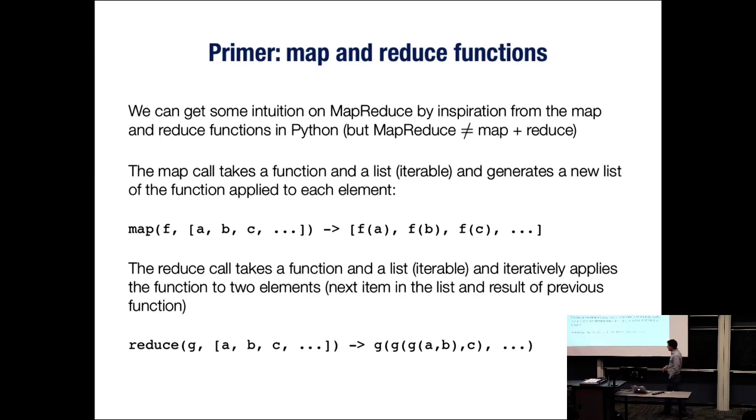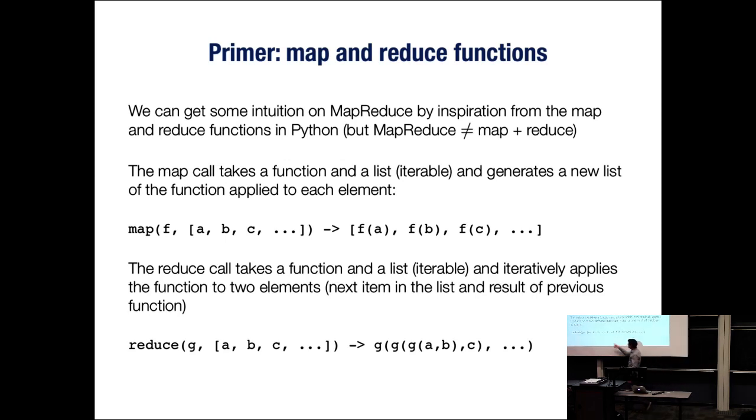The basic idea is the map function takes as input some function and a list, or really an iterable in Python, and produces a list where you apply the function to each element in that list. Right? That's the map function. The reduce function is a little more complex, but it's also quite simple.